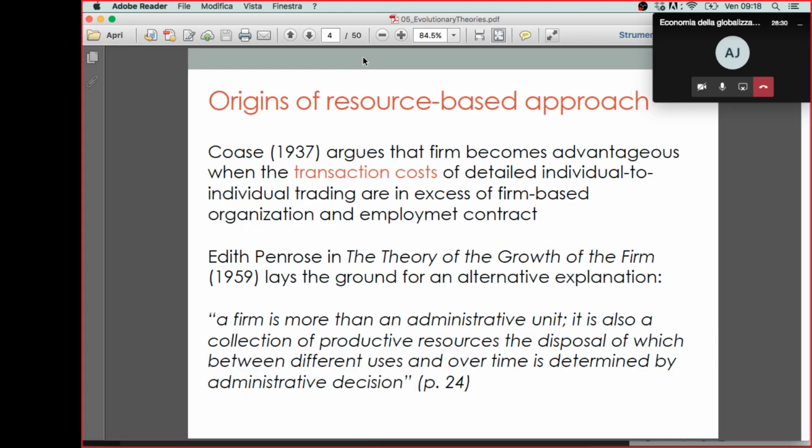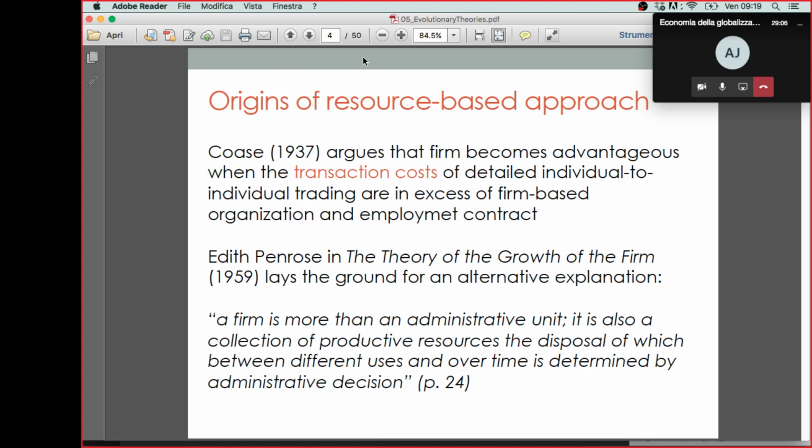So let's start from the resource-based approach. Now, in the previous class, we started from Coase. I told you about this very important article that was written by Coase in 1937, The Nature of the Firm, where he argues basically that firms become an advantageous way of organizing production activities when transaction costs of detailed individual-to-individual trading, meaning the transaction costs associated with using the market system to coordinate our activities, are in excess of firm-based organization and employment contracts.